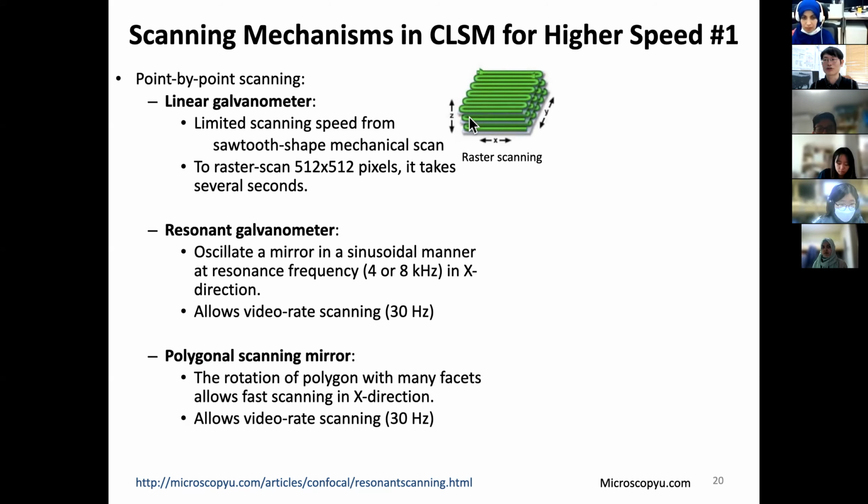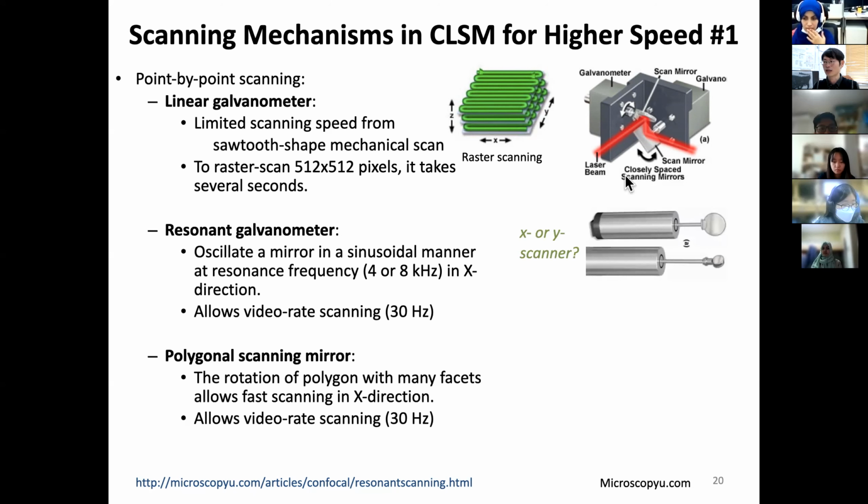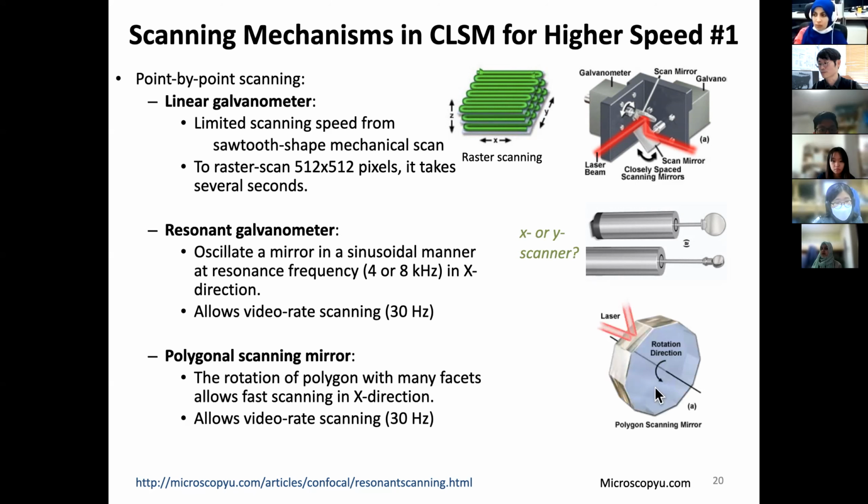So linear galvanometer makes this XYZ scanning, and that's coming with this scanner X and Y. But resonant galvano replaces this X one with a tiny mirror, because lower mass makes your resonance frequency higher, and you can make it sinusoidal at resonance.